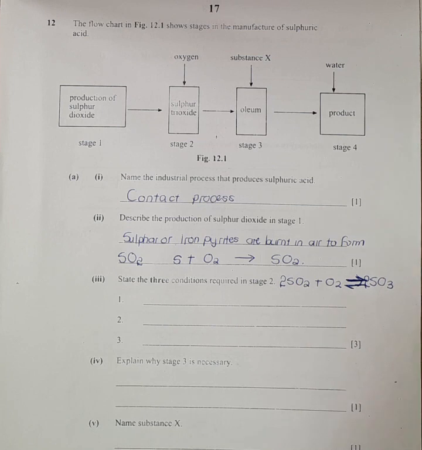And then the conditions that are required: for this reversible reaction to occur, we need a catalyst to speed up the reaction. The catalyst that is used is vanadium pentoxide.